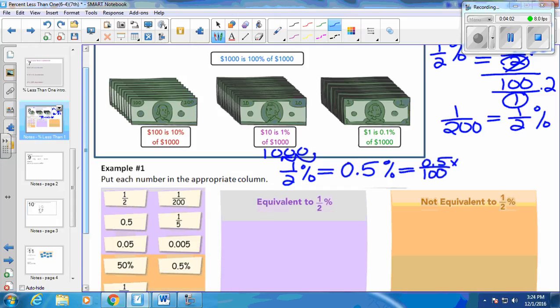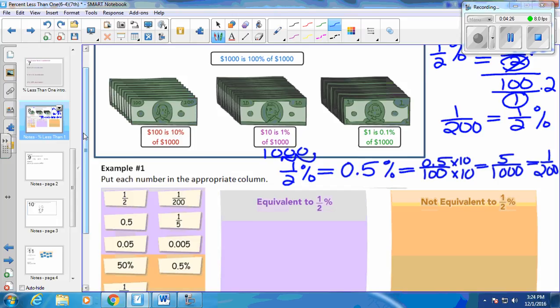So I'm going to multiply the top by 10 and the bottom by 10. That will give me 5/1,000. And 5/1,000 at the end of the day does reduce down to 1/200th. So right now, I have written this percent as a fraction. I have still not yet written it as a decimal.